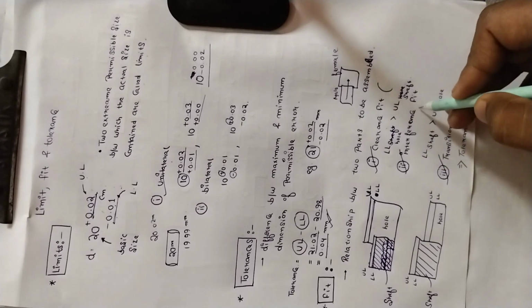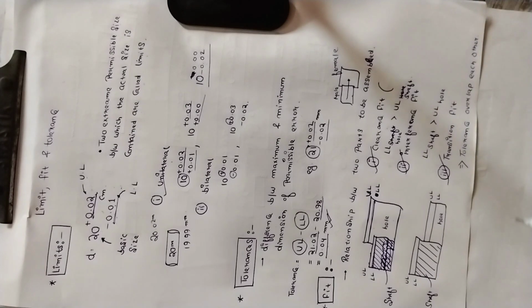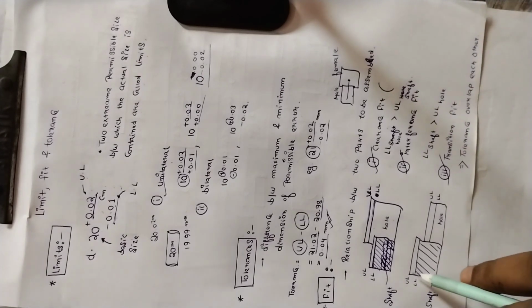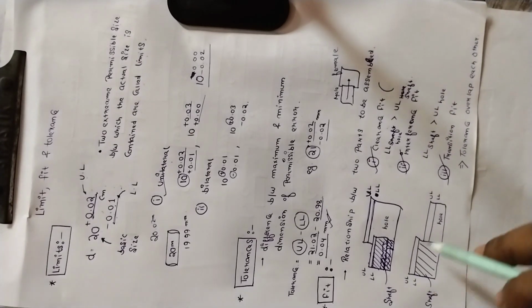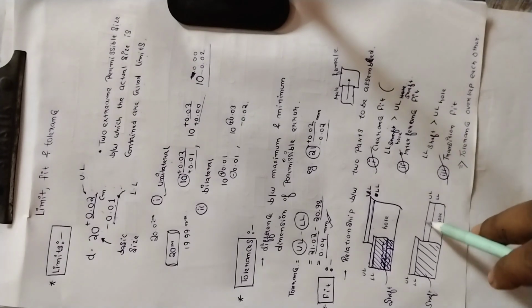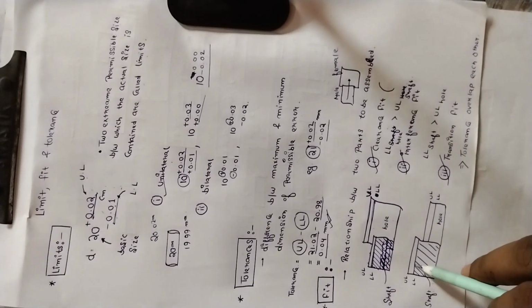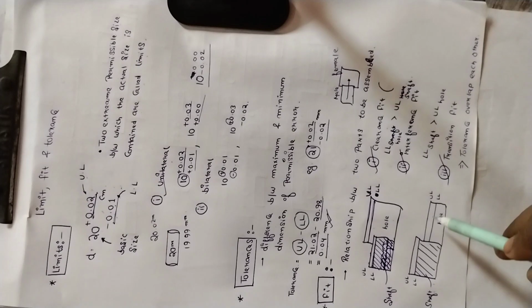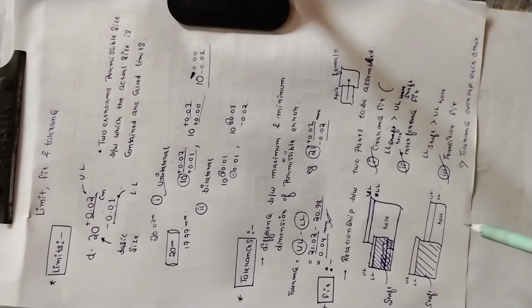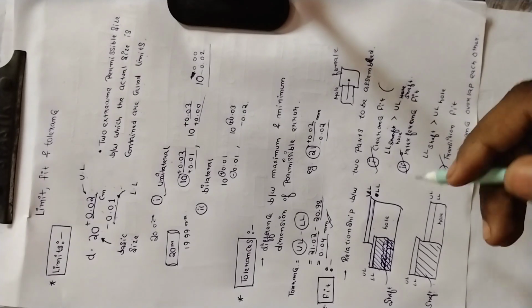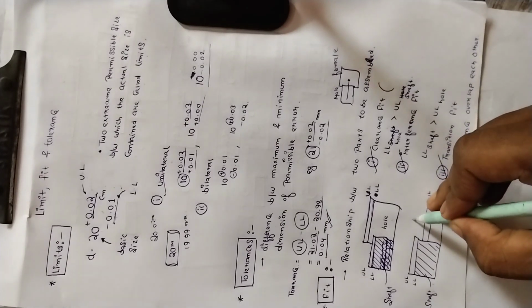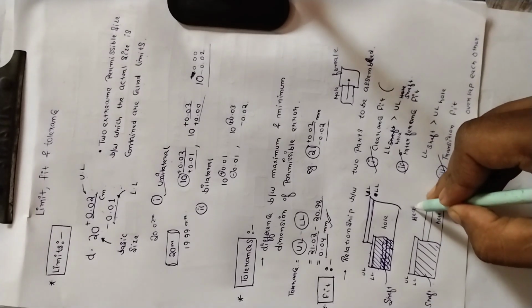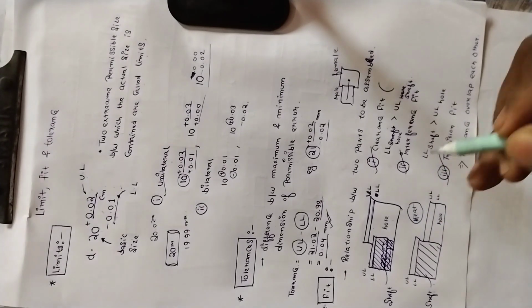Now what is an interference fit? That means it is very difficult to insert, because the upper limit of the hole is smaller than the lower limit of the shaft. So under no condition will it be inserted easily. We have to apply some force, or heat the component to make the hole bigger.